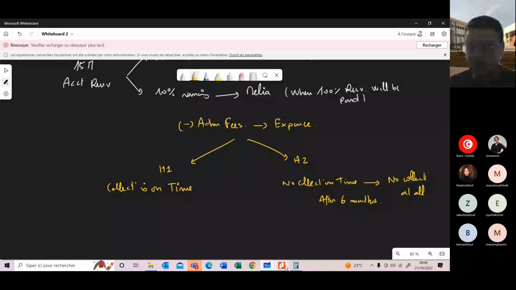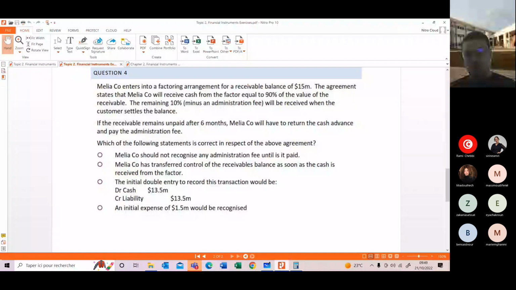So if you go back to the question, it says Melia should not recognize any administration fee until it is paid. It's not related to any payment. There are administration fees even though there is no collection of the receivable, and this is the case. Am I clear?